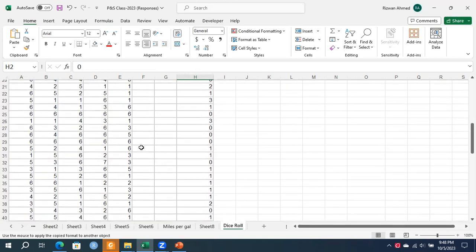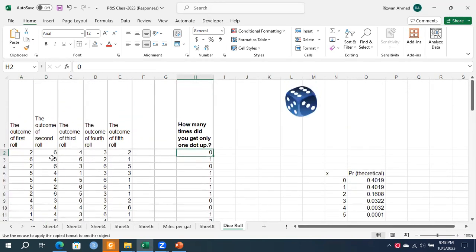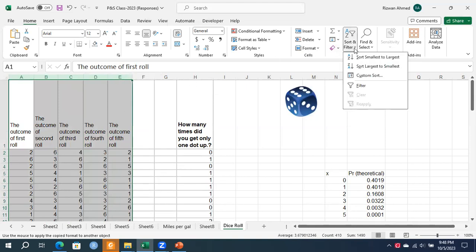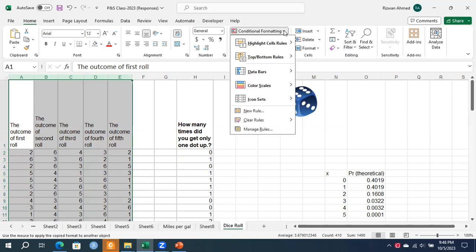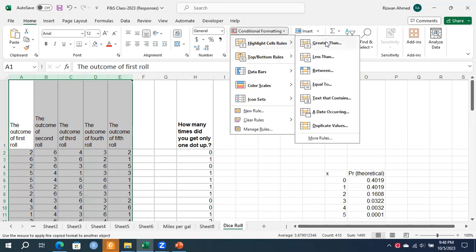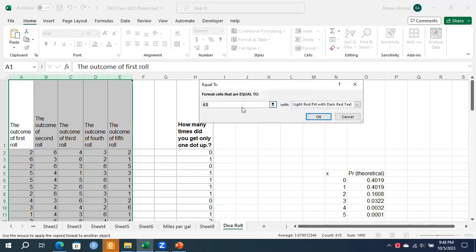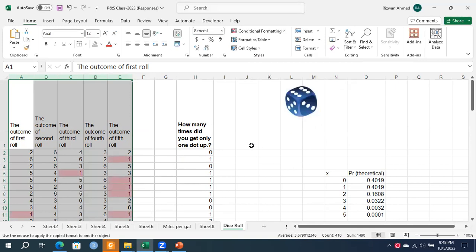Let's first highlight the faces with outcome as one dot. So in all these 5 columns, I apply conditional formatting. So I apply the highlight rule, and I'm only looking for equal to 1. Okay, good.